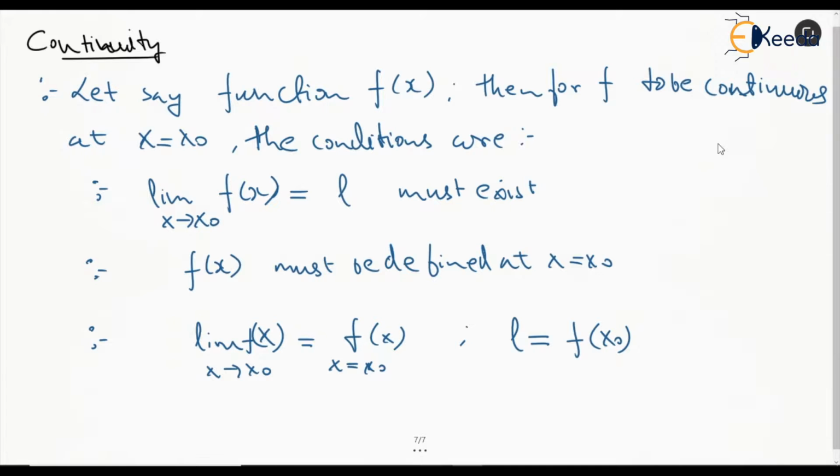In the case of limit, we said the function may or may not be defined at that point x is equal to x naught. But for continuity, it is a must that the function should be defined at that point x is equal to x naught. The limit should exist at that point, and like we had in the previous case, I'll draw it here. Let's say this is x naught.